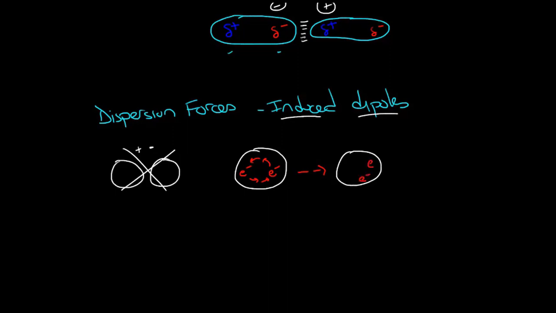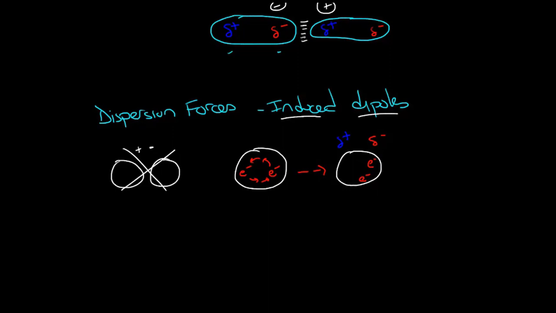So we have both electrons situated on one side of the molecule, giving this molecule a partial negative and a partial positive. It's important to recognize that this is not a permanent dipole. This is a very short-lived temporary dipole that will collapse immediately unless stabilized by something else.